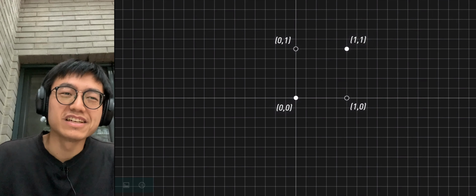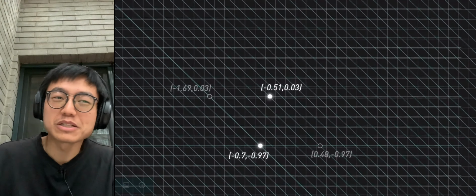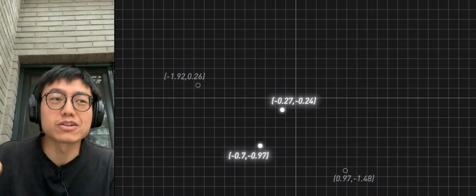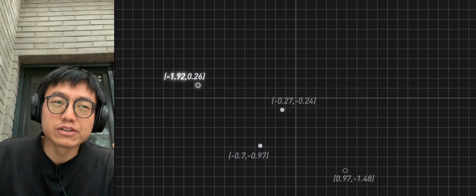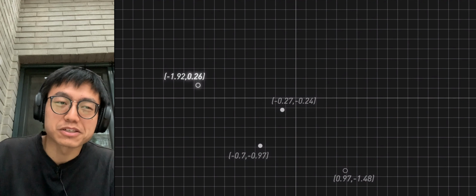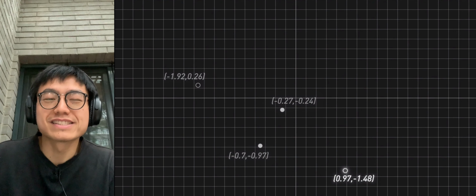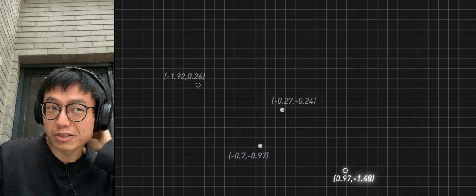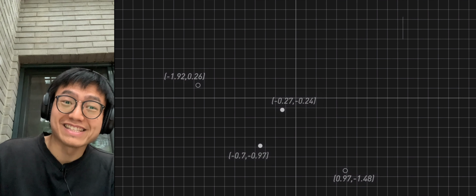Through the previous linear transformation, I can transform 0, 0 and 1, 1 to the position where the abscissa is less than 0. The abscissa of 0, 1 is less than 0, and the ordinate is greater than 0. The abscissa of 1, 0 is greater than 0, and the ordinate is less than 0.